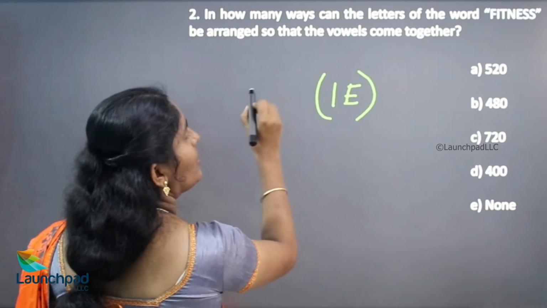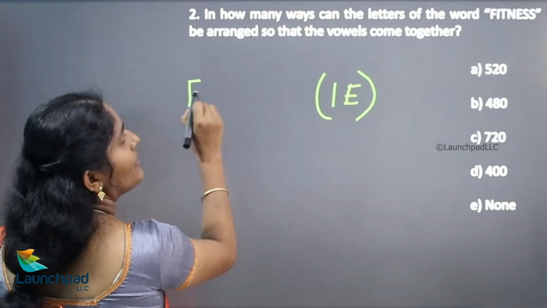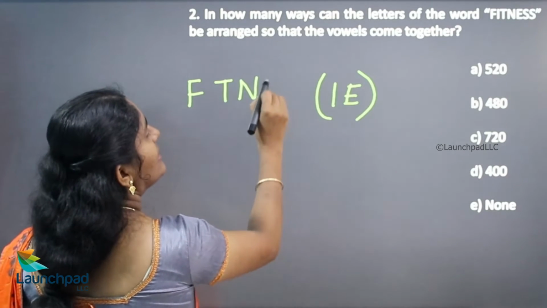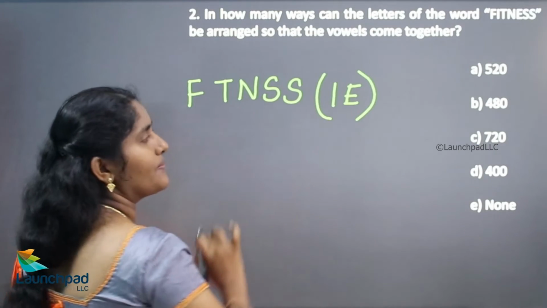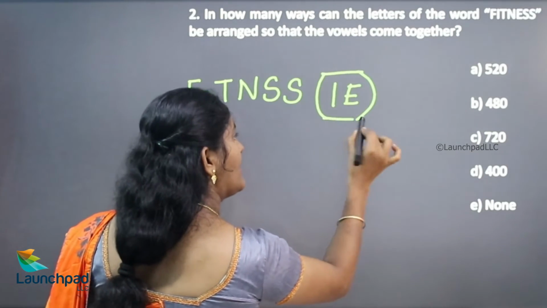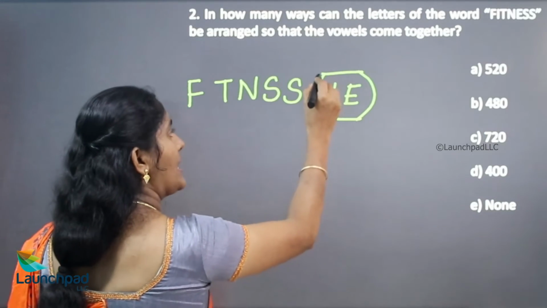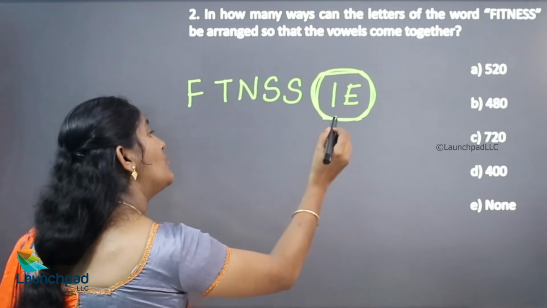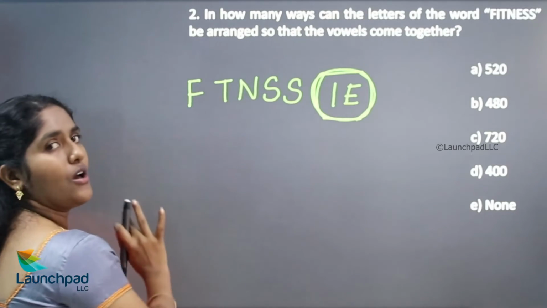And separate your consonants: F, T, N, S, S. Now you can count these two vowel letters as one. I close them into one box. Wherever I move, the entire IE will be moving.